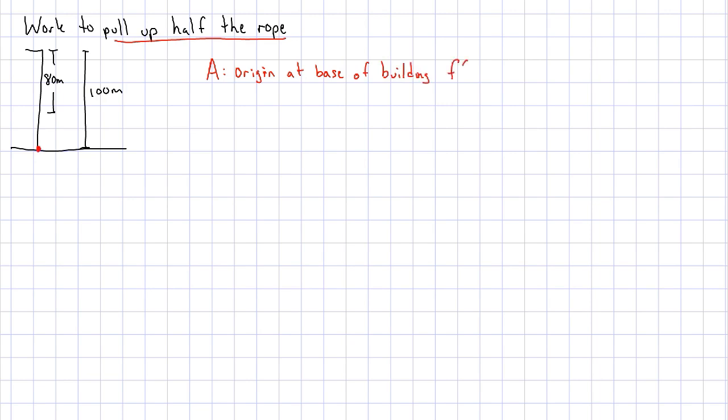The force function for that was 9.8 times 2.5 times (100 minus x). So that was my force function when the origin was at the base of the building. In order to pull up only half of the rope, I need to adjust the limits of integration on my work equation. So I'm going to copy my work integral and this force function exactly. That is exactly what I had in the previous problem.